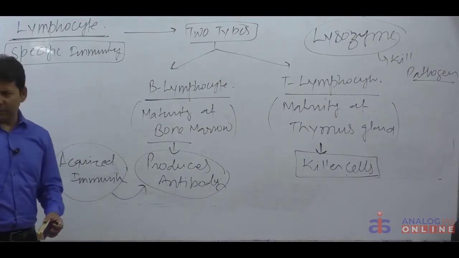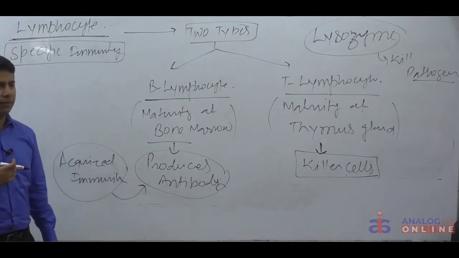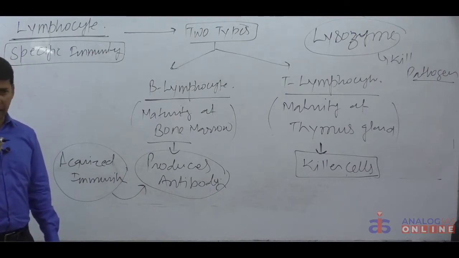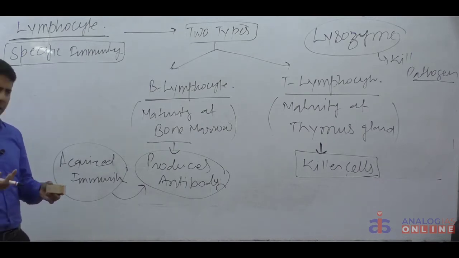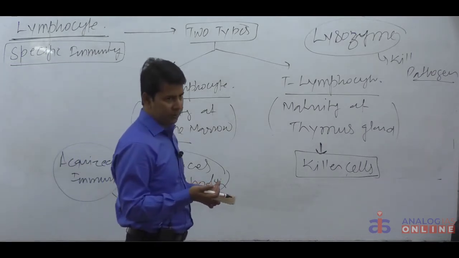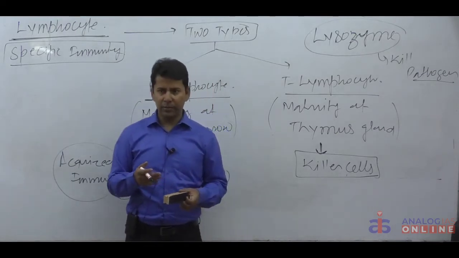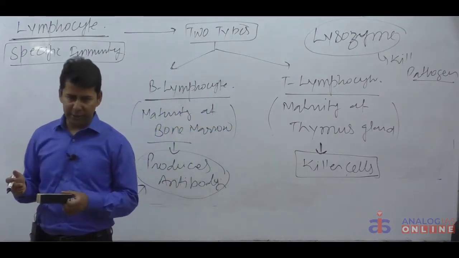And there is another chemical barrier. If you eat something, then there is HCl, hydrochloric acid, in the stomach. That is also a chemical barrier which kills the pathogens that we eat along with the food. And it is very obvious that we eat food with pathogens, right? Because we live in an ocean of pathogens, you know that.